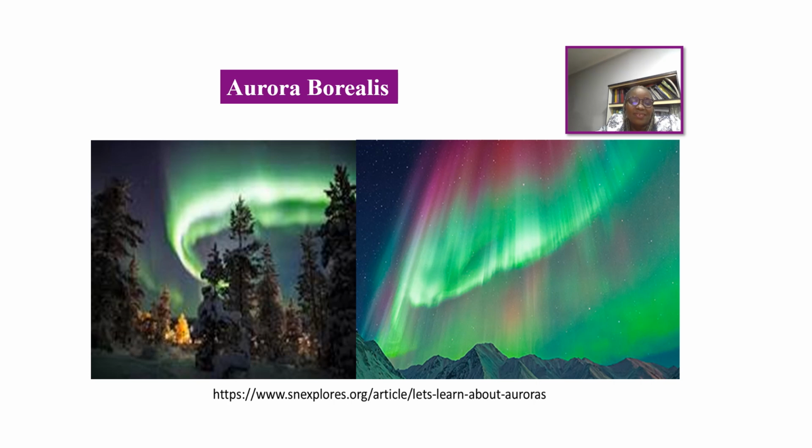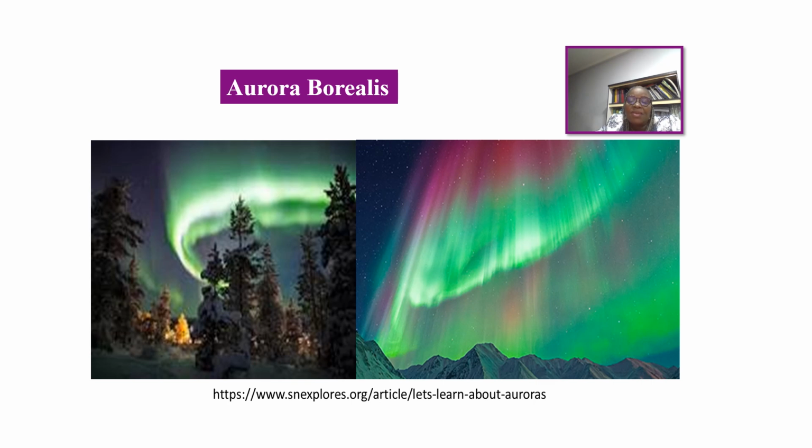Aurora borealis. An aurora, commonly known as the northern light or southern light, is a natural light display in the earth's sky, predominantly seen in high latitude regions. Auroras display dynamic patterns of brilliant lights that appear as curtains, rays, spirals, or dynamic flickers covering the entire sky.